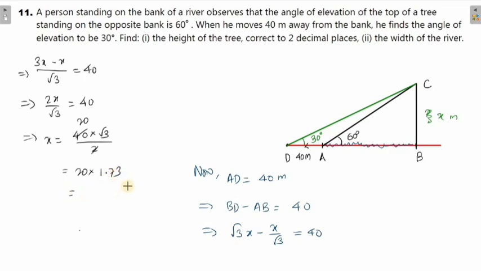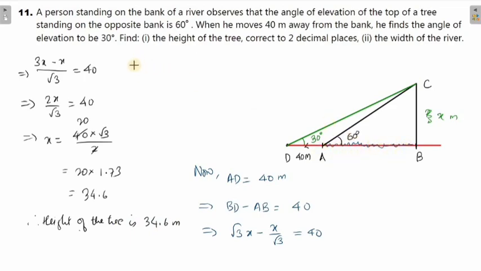So 20 into 1.73, when you multiply, you get 34.6. So this is the value of x, and remember x represents the height of the tree. Therefore the height of the tree is 34.6 meters.